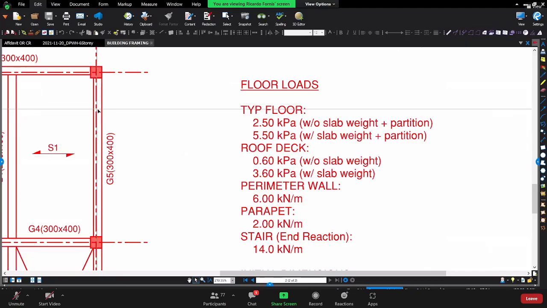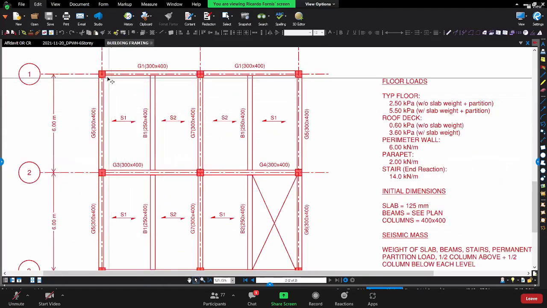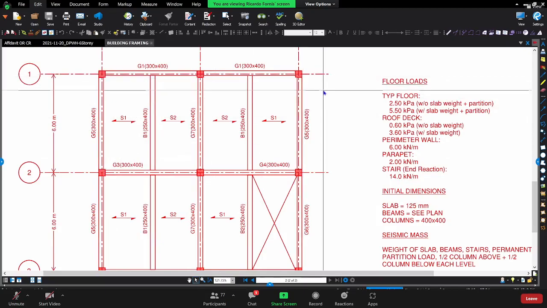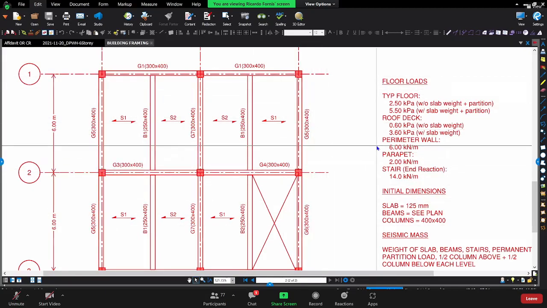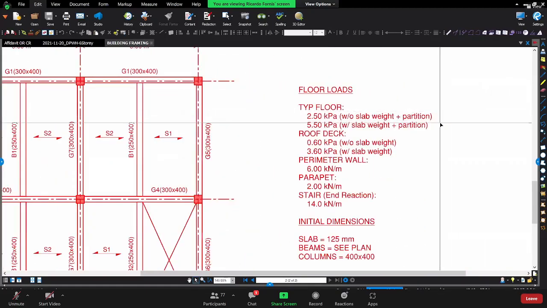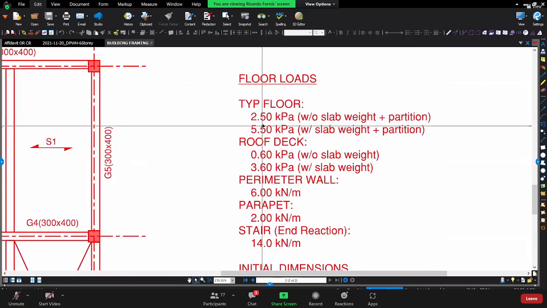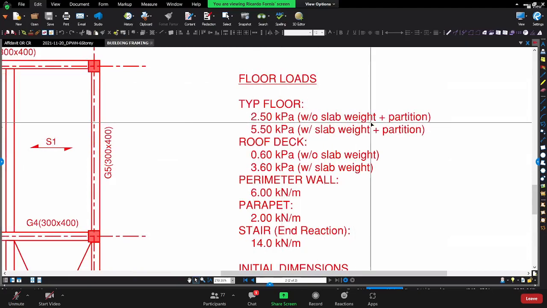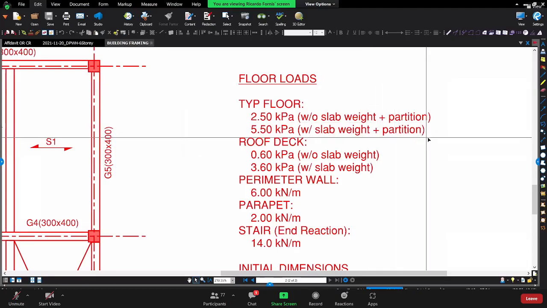But for the perimeter walls, of course it's obvious that the perimeter walls are along the perimeter beams, so you can apply it as a line load instead of as a uniform area load. So we only consider the partition in the area load. So I give 2 values here: 2.5 if we don't consider the slab weight, and then 5.5 if we consider the slab weight.